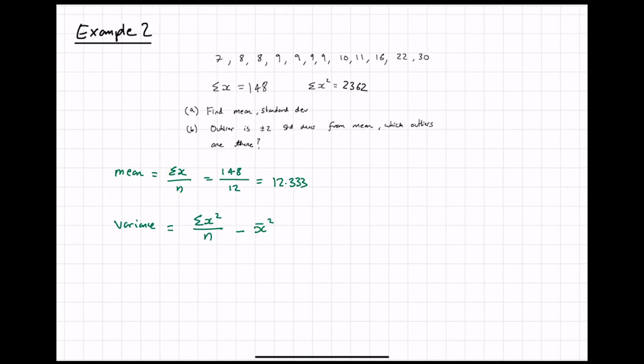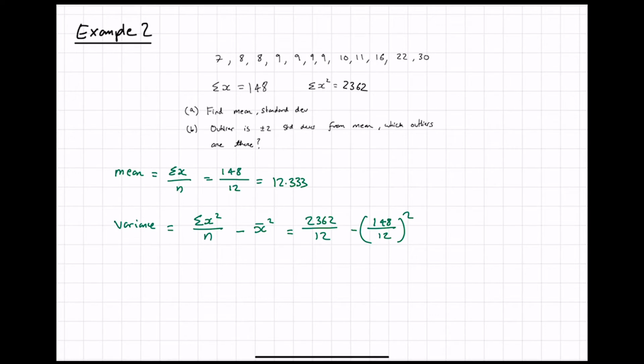And that will give us the variance. So we put 2362 divided by 12 minus 12.333 all squared. Or actually, just for the sake of accuracy, let's write that as 148 over 12 all squared, using the fractional form.